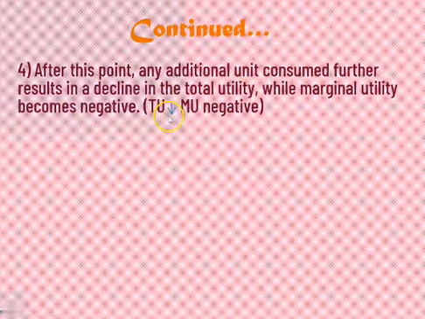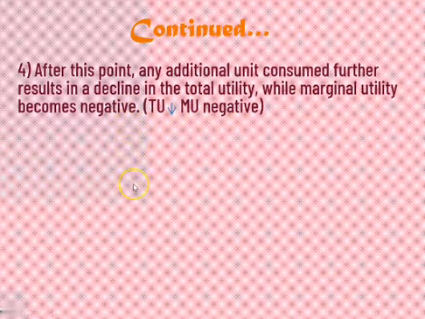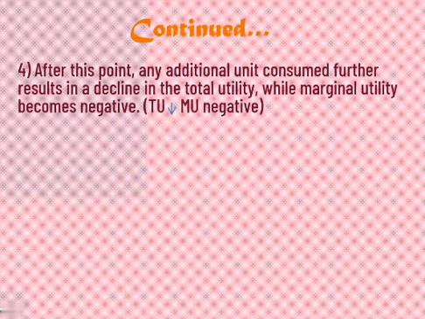TU starts declining, while marginal utility becomes negative. So after the satisfaction point, the satisfaction turns into dissatisfaction. After that, TU starts declining and MU turns negative.